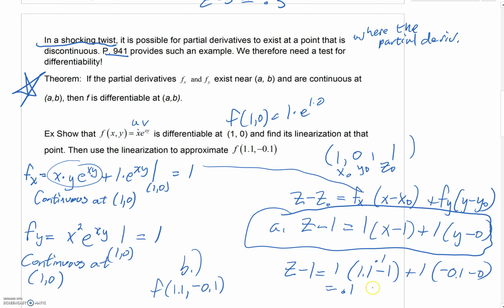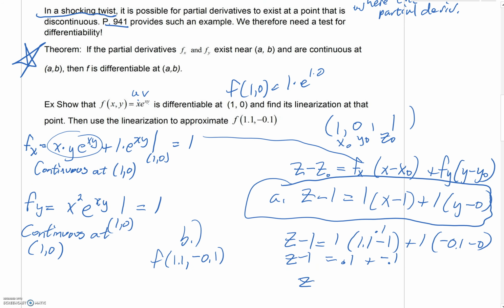This is just going to be a negative 0.1. So we'd have z minus 1 equals 0. Z equals 1. This is not your real function value. It's just a good estimate.